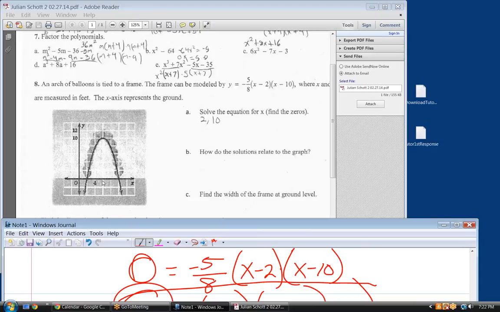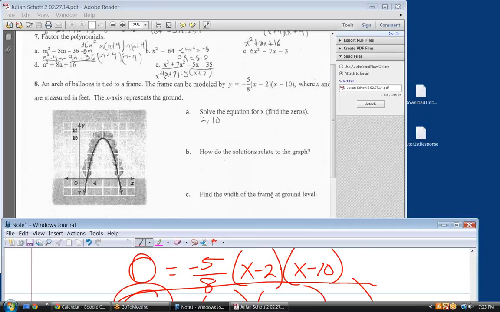So they're right there and right there. What were my 2 solutions? 2 and 10. There's 2, there's 10. The zeros are the x-intercepts, remember? That's what it means to have the zeros, that's where it crosses the x-axis. So it's crossing the x-axis at these 2 answers, 2 and 10.